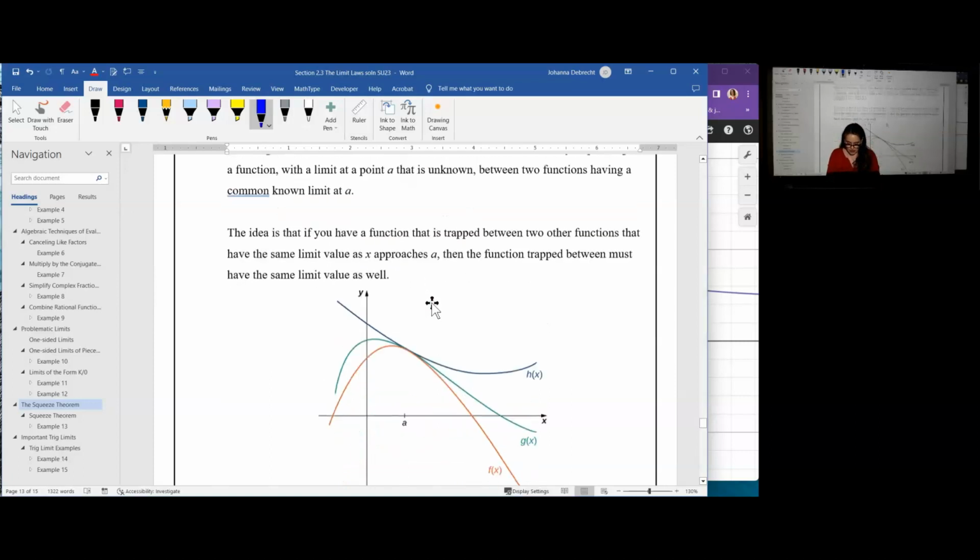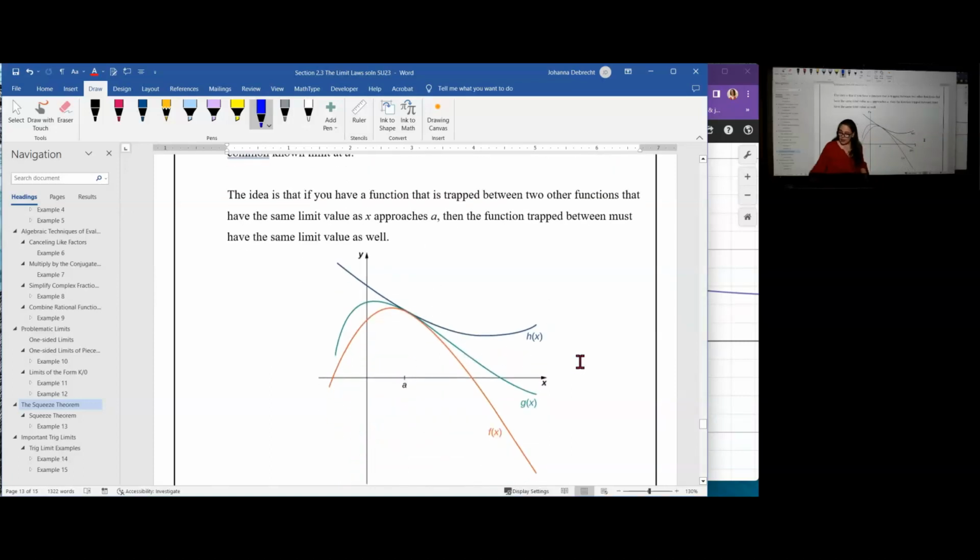Let's take a look at this graph right here. The idea is that as we approach A from both sides, the function g of x here in teal is trapped between the function h of x, which is always above it as we get close to A, and the function f of x, which is always below it, close to A. It may not be true out here or way up there, but close to A, I know that the function g is trapped between h and f.